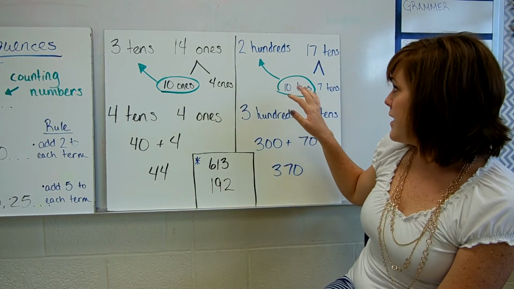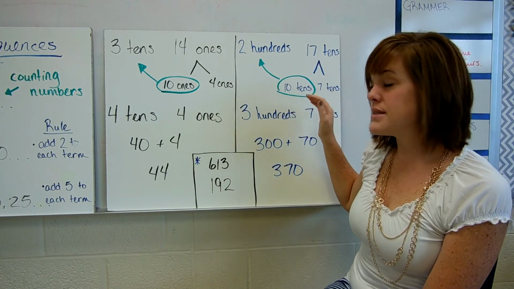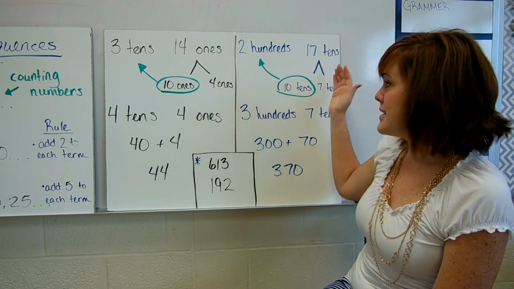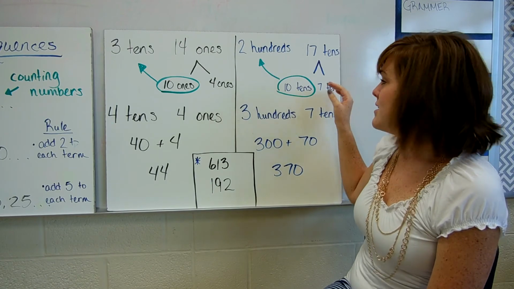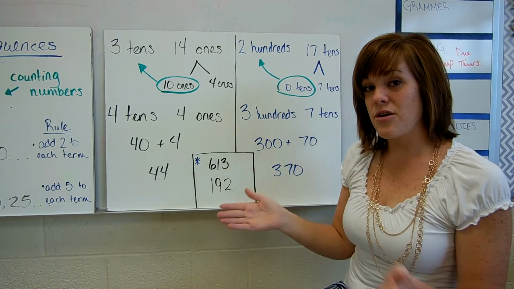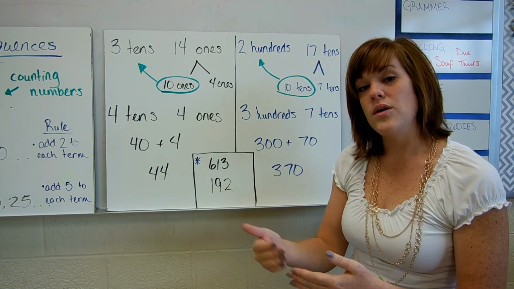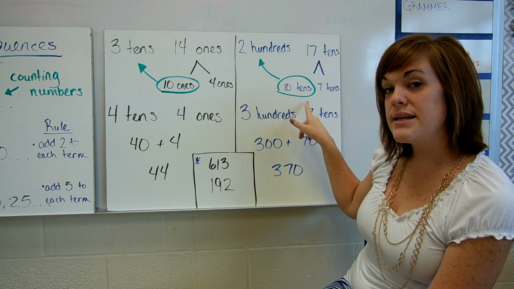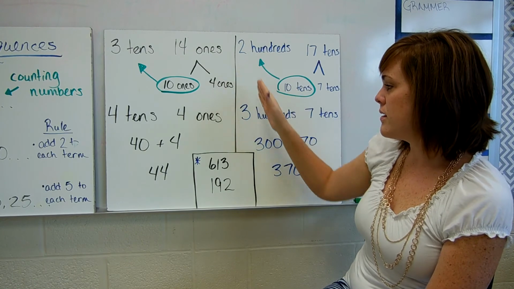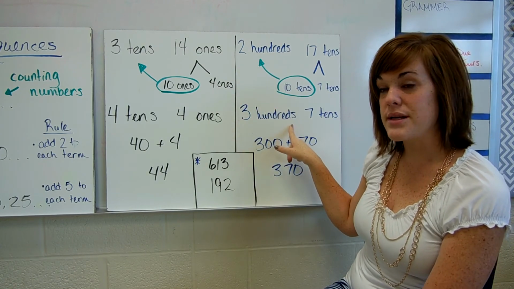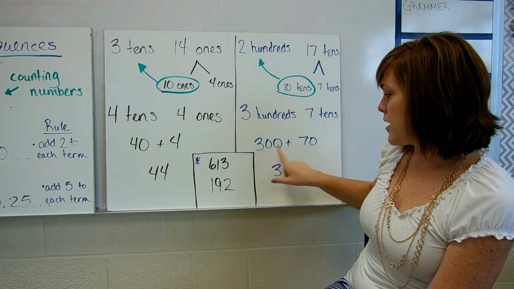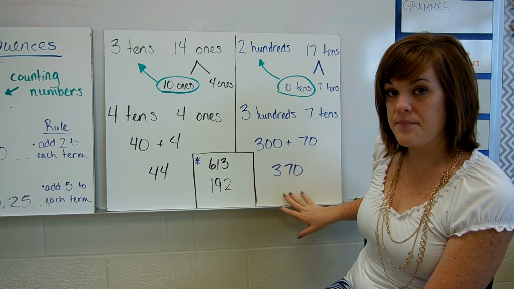Okay? And this is the same thing just with hundreds. So I have 17 tens and 2 hundreds. I need to regroup my tens. So 10 $10 bills makes one $100 bill. In the same way, 10 tens can be regrouped to be 100. So now I have 3 hundreds and only 7 tens left, which is 300 plus 70, which is 370.